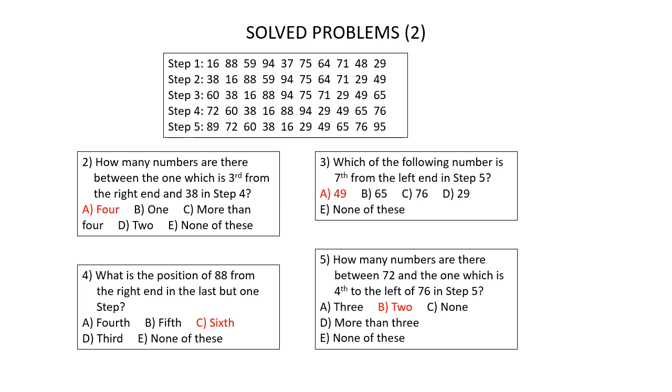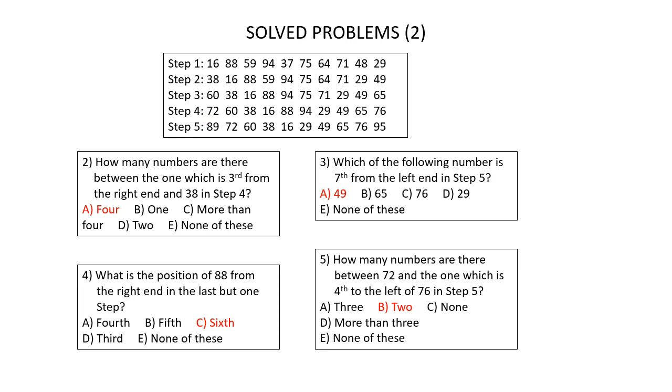Question number 4. What is the position of 88 from the right end in the last but one step? Here you are given 5 options and you have to find out which of these options is the correct one. So here you are asked to find the position of 88 from the right end in the last but one step. Last but one step is step 4 here.